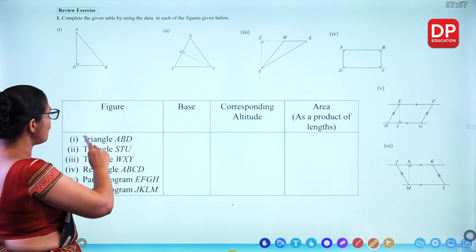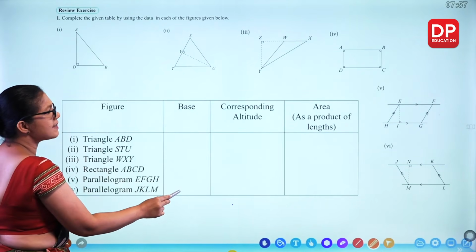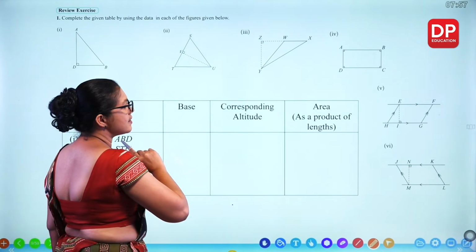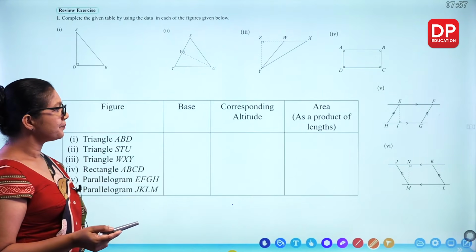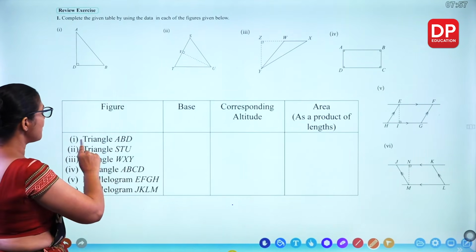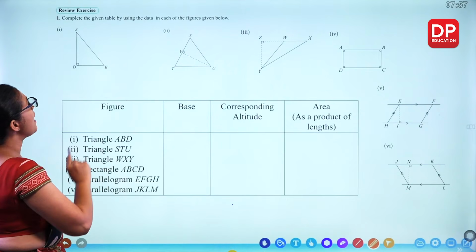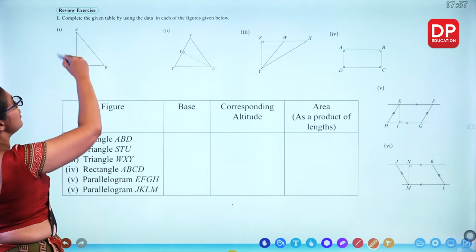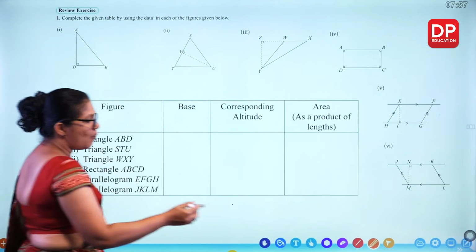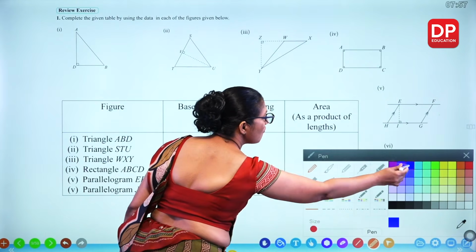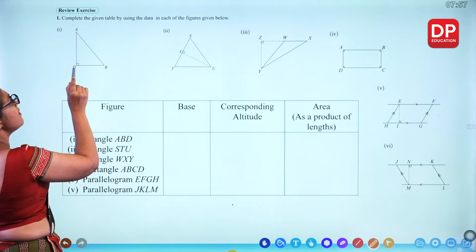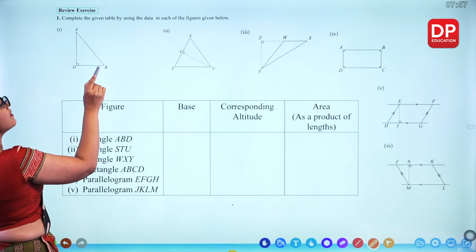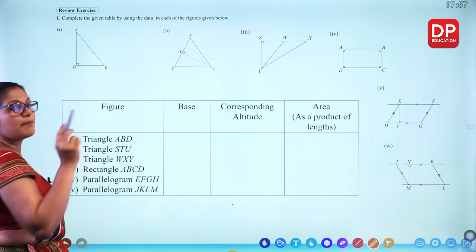And you are asked to figure out the base, corresponding altitude and the area as a product of lengths. Okay, so we'll start with the first one. Triangle ABD. When you take ABD, what's the base? You can either take this as the base or AD as the base.